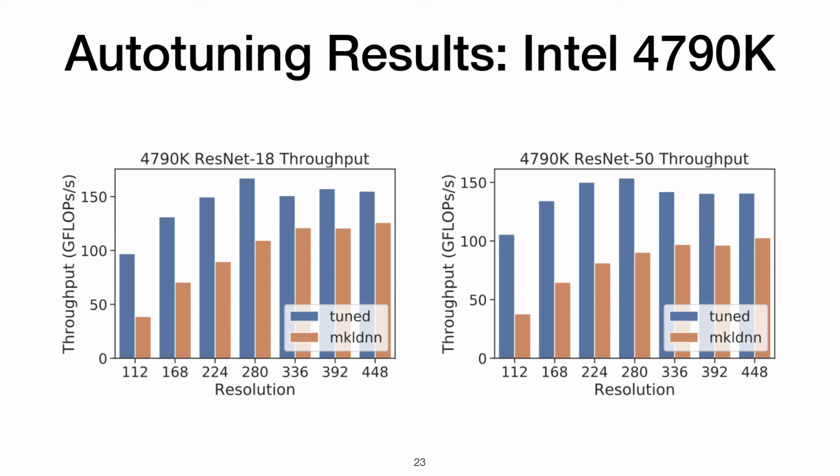While the tuned implementation operates at higher throughput in all scenarios, the important takeaway is that the lower resolution implementations reach a higher proportion of peak throughput when tuned. In other words, we can achieve more of the theoretical speedup usually indicated by the reduction in total floating point operations at lower resolutions with tuning.